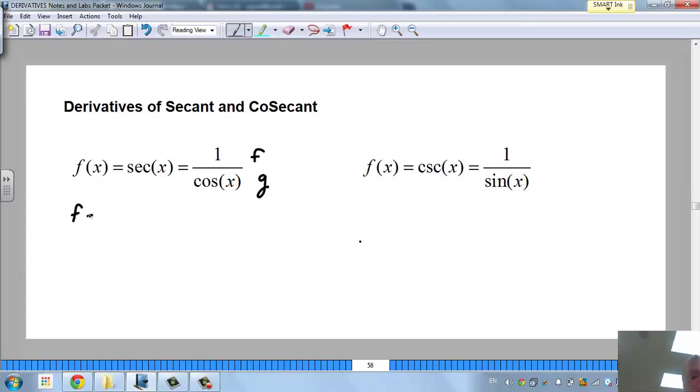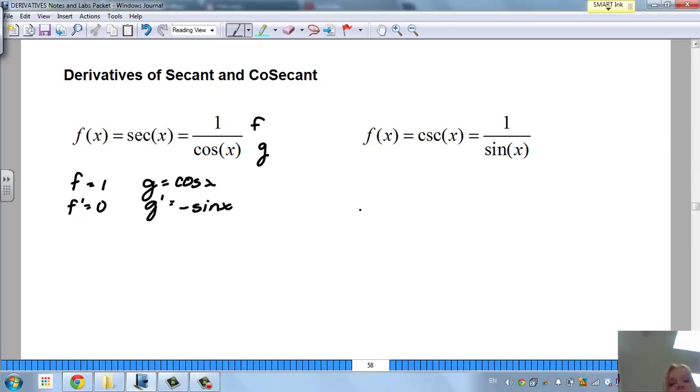So f is 1, f prime is 0, g is cosine of x, and g prime is going to be negative sine of x. So if we do the derivative, f prime of x is going to be f prime g, so the first term is gone, minus f g prime, so that turns to a positive sine x, all over g squared, which is cosine squared x.